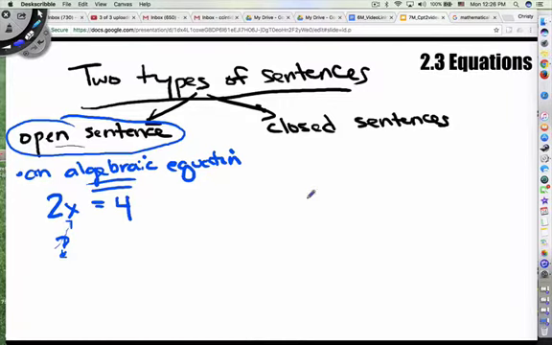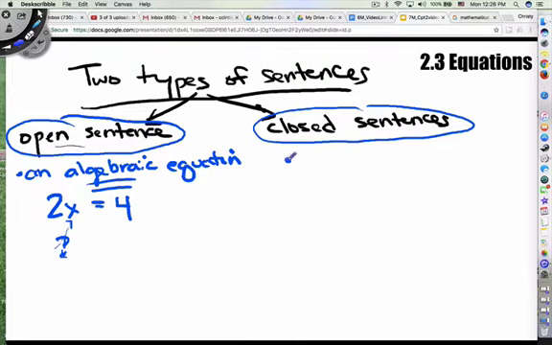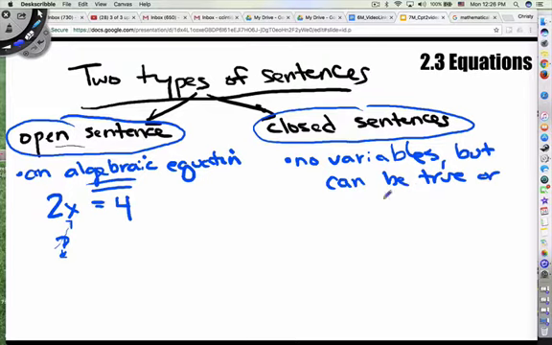It's an open case. A closed sentence doesn't have variables, but it can be true or false. If we keep going with my analogy of an open case, a closed case would be one where you think you have the criminal who stole your pencil or whatever it is.